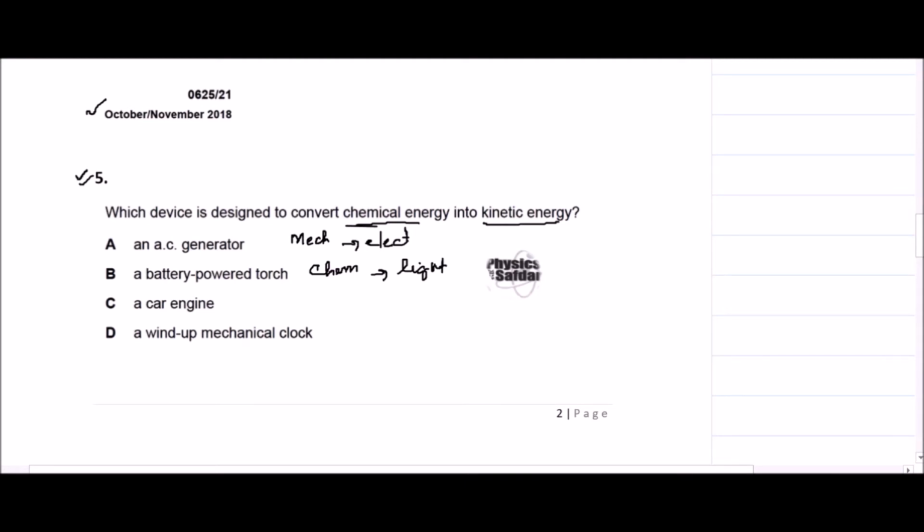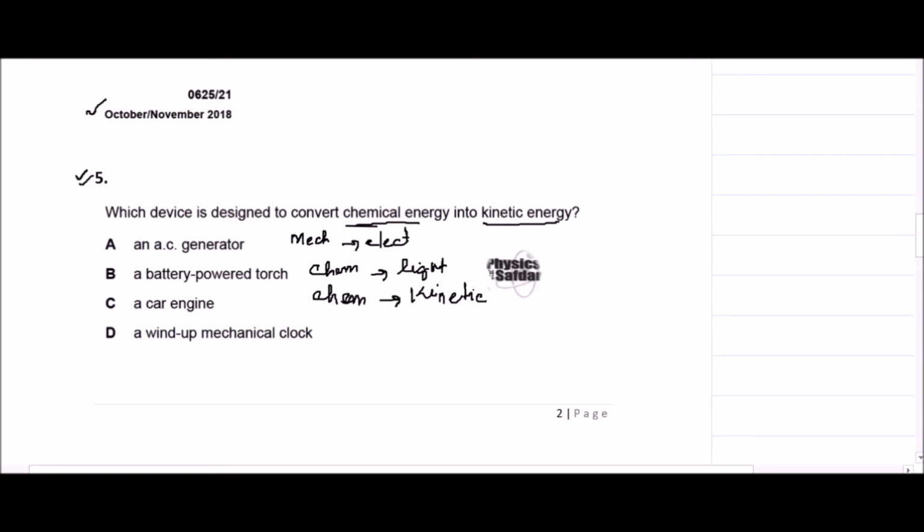Car engine. Fuel contains chemical energy. Okay. Chemical energy and the motion of the car, that is kinetic energy. And the last one is wind up mechanical clock.